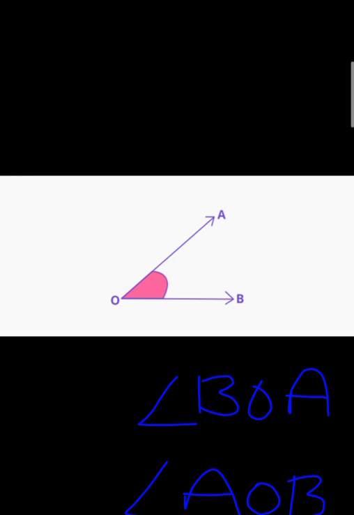We can also name the angle using the letter for the vertex. So simply we can write it as angle O also. The letter for the vertex is always written in middle, so that later we can use it to give a name for angle also. Let us see some more examples.